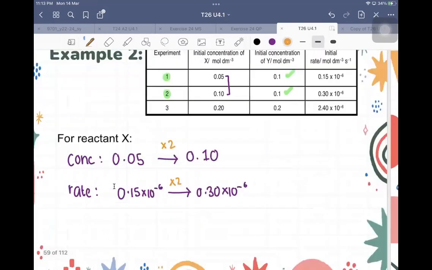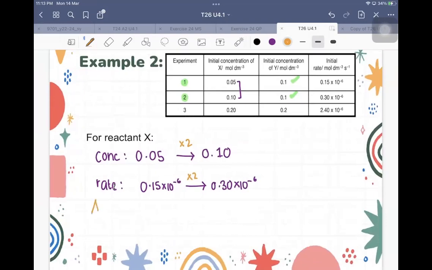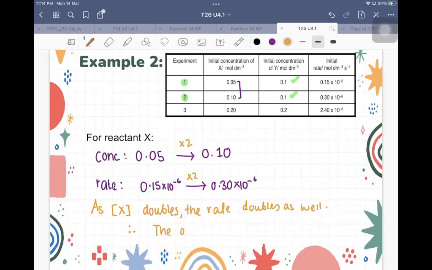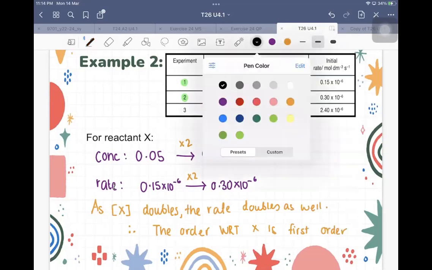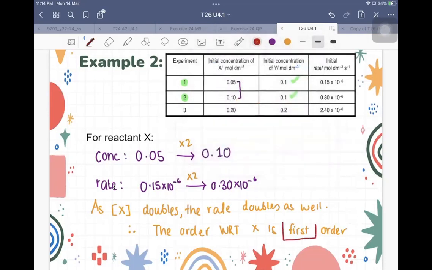The explanation is, as the concentration of X doubles, the rate doubles as well. Therefore, the order with respect to X is first order. Okay, so that's X done. Just remember that X is first order.